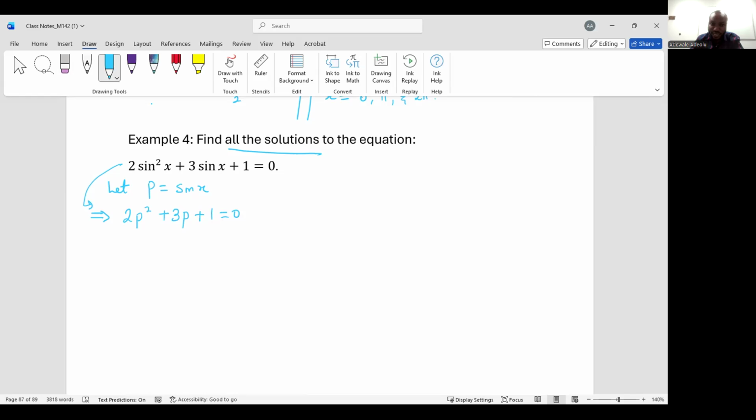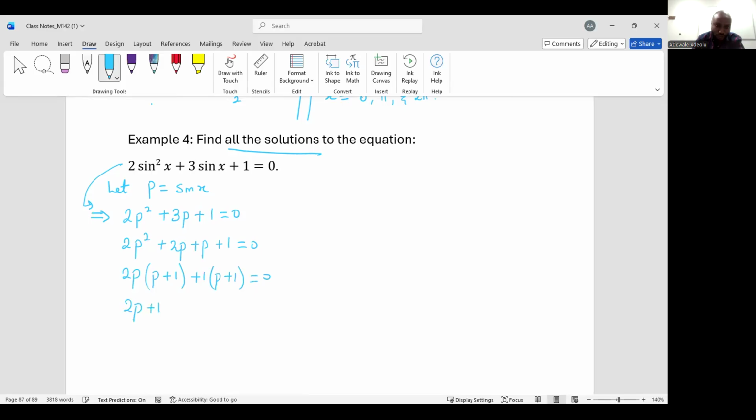I can factorize that. So that is 2p squared plus 2p plus p plus 1 equals 0. You should know how to factorize by now. So that is 2p into p plus 1, plus 1 into p plus 1, equals 0.